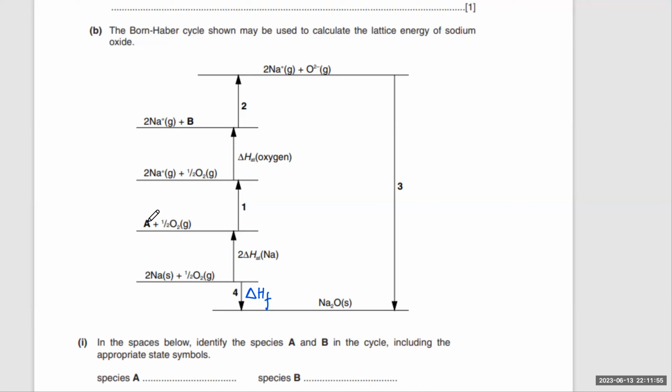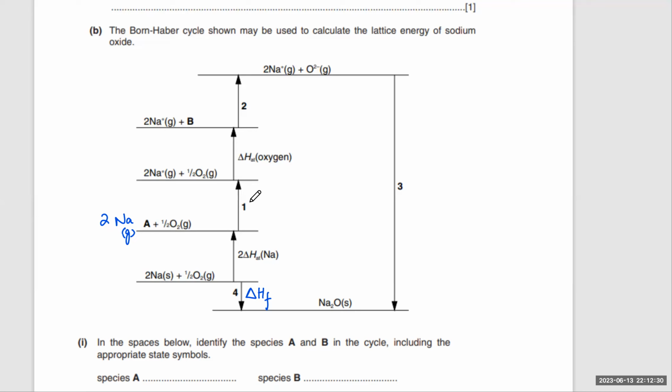It's atomization of sodium, right? So sodium element turning into what? Na gas. Okay, so it's going to be Na gas, right? And it's 2 moles, right? Because there were 2 moles over here. It's 2 times the enthalpy of atomization of Na.